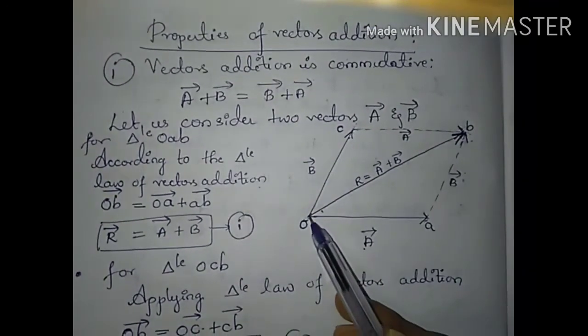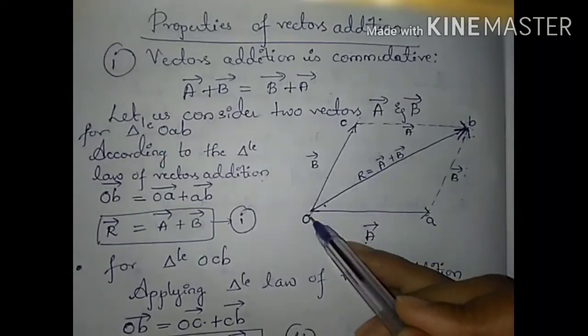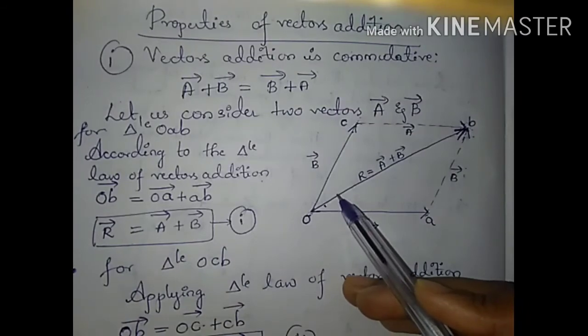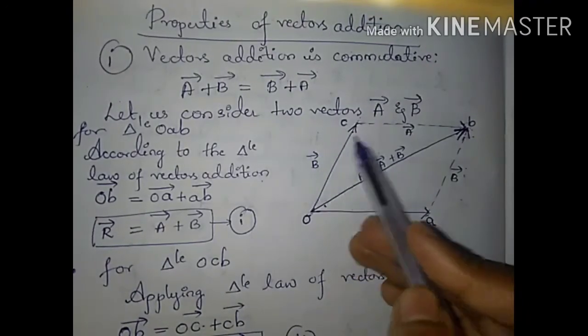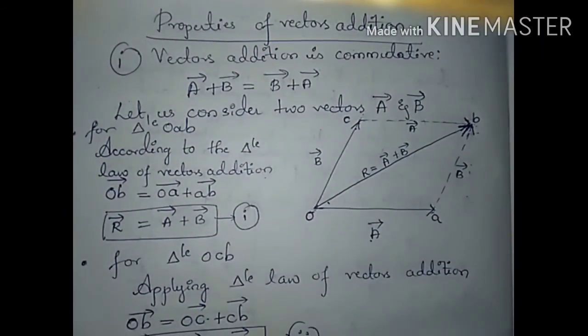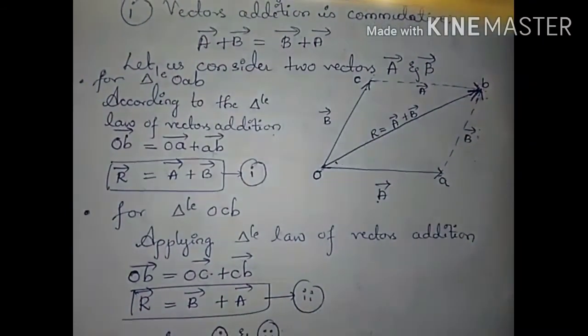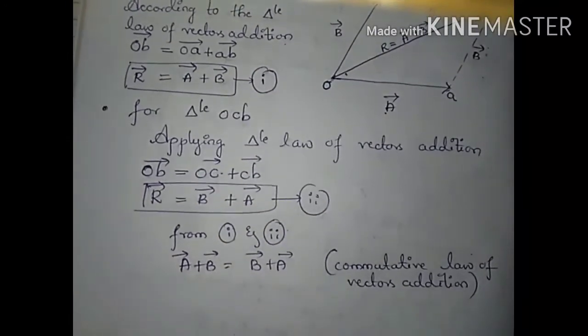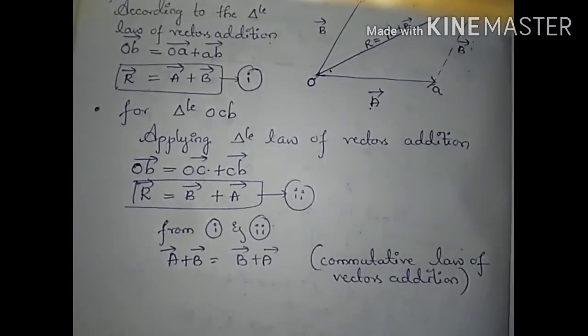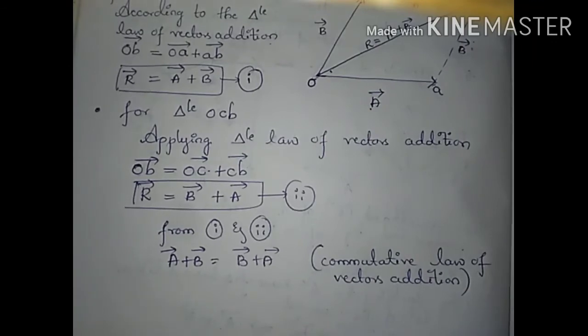So the resultant vector for this is again R, but that R is equals to vector B plus vector A. But if you equate the equation 1 and equation 2, then you will get A plus B is equals to B plus A. So this is the commutative law of vectors addition.